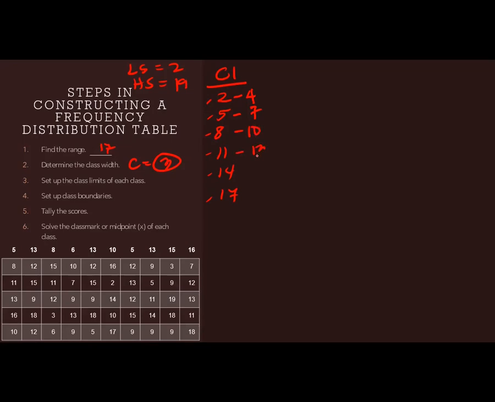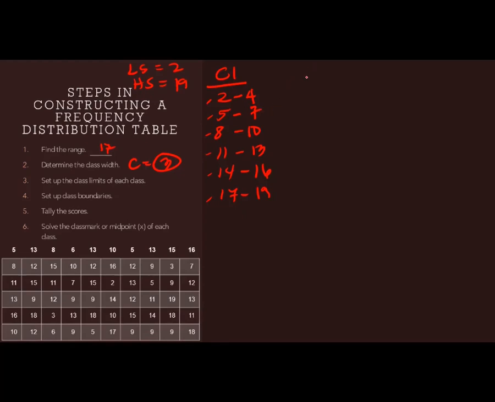Plus 3, we have 13. Plus 3, we have 16. And plus 3, we have 19. Okay. So this is our class limits now. So we have here our lower limits and we have here our upper limits.